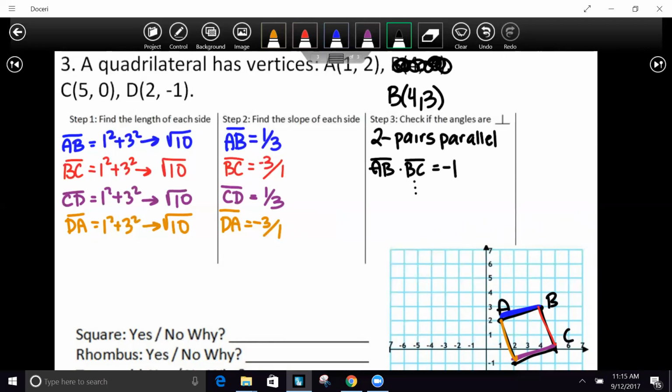You got to be able to show me this work. Another way for you to tell me that is if you just give me these parts. So if you give me AB is perpendicular to AD, that's one of them, for this upper corner. AB is perpendicular to BC. That's the second one.